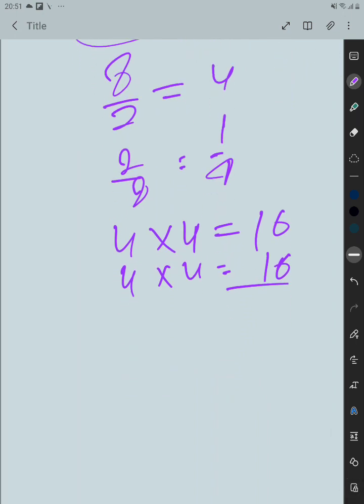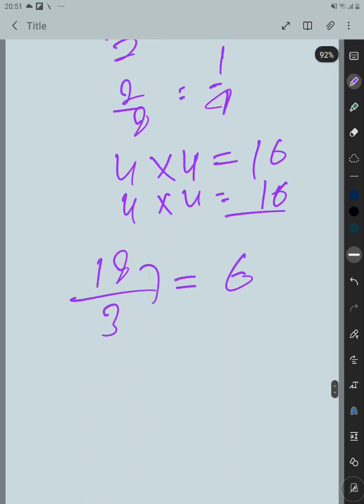Let's take another example. 18 divided by 3, what will we get? 6. And if you interchange both, 3 divided by 18, what will it be? 1 by 6.